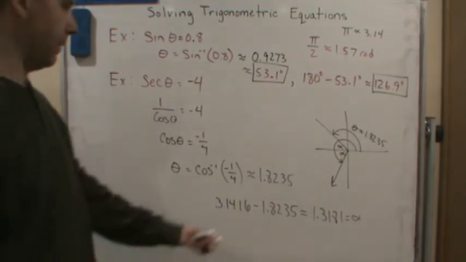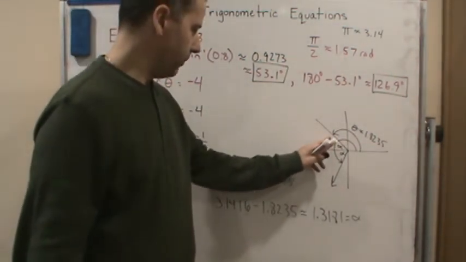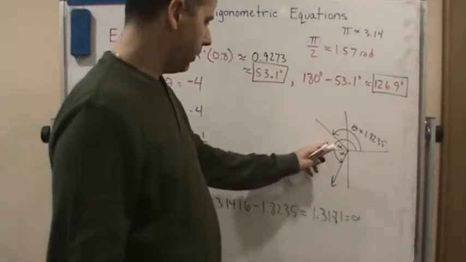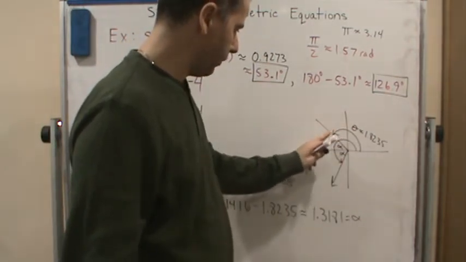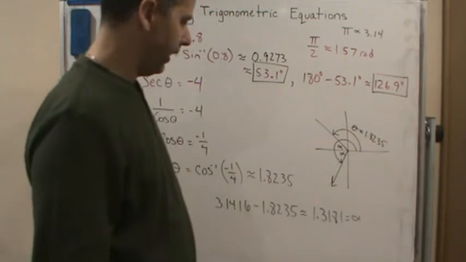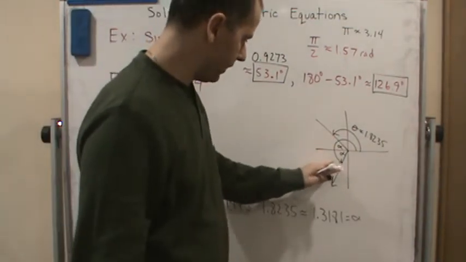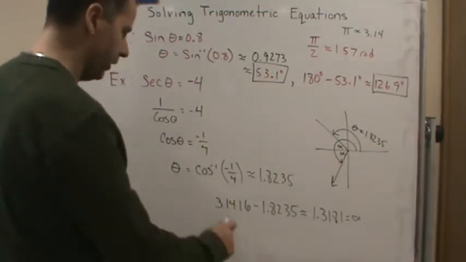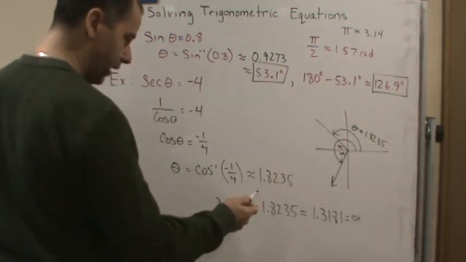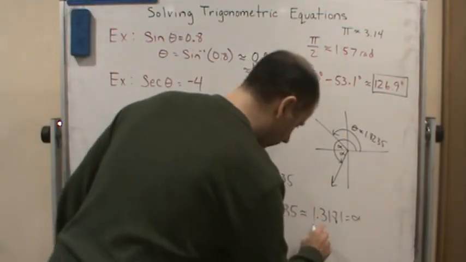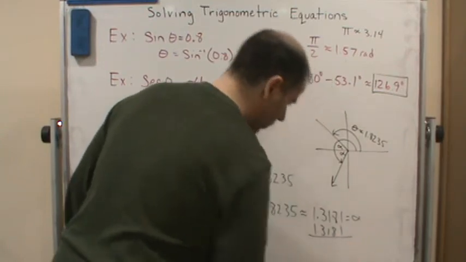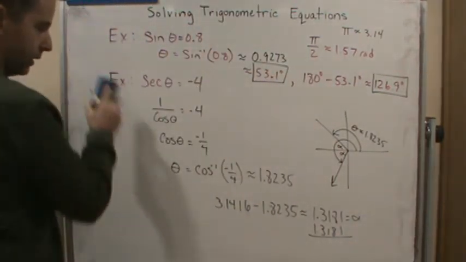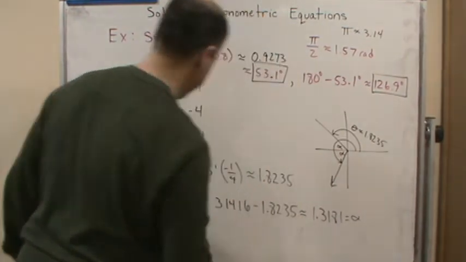Now what I'm going to do is take double this, right? Because I want this angle here, but I want to go double alpha to get over to this angle. Okay, so now I'm going to double it. So if I double 1.3181, oops, let me do it over here, because I think I'm getting too low on the board.